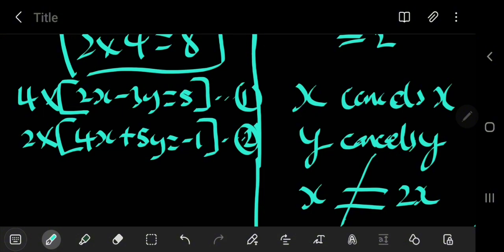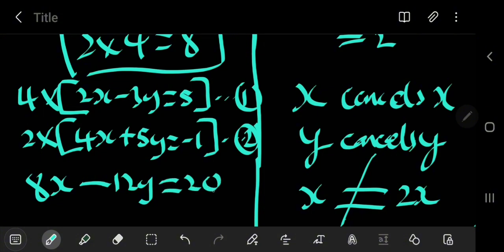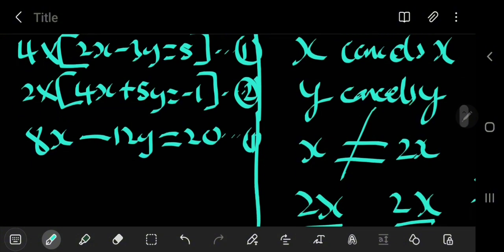The first equation, what do we have? We have 4 times 2x will give us 8x. 4 times minus 3y will give us what? Minus 12y. And 4 times 5 will give us what? 20. Now let's do the same for the second equation. 2 times 4x will give us what? 8x.